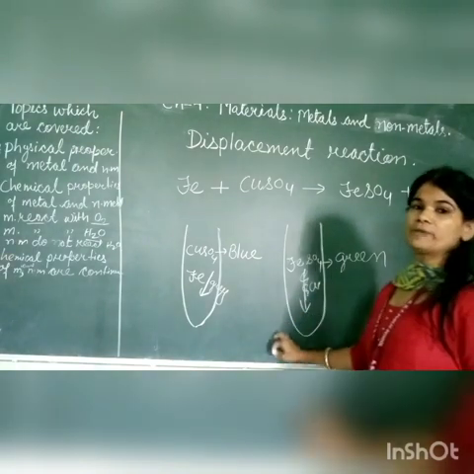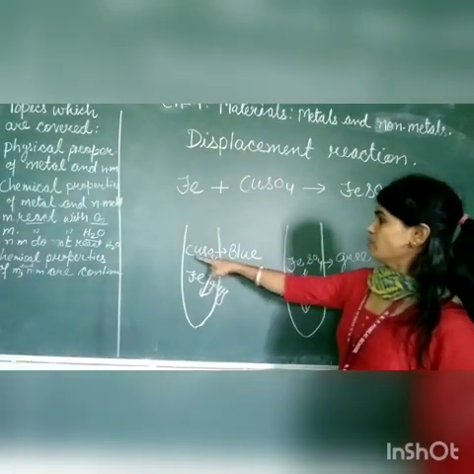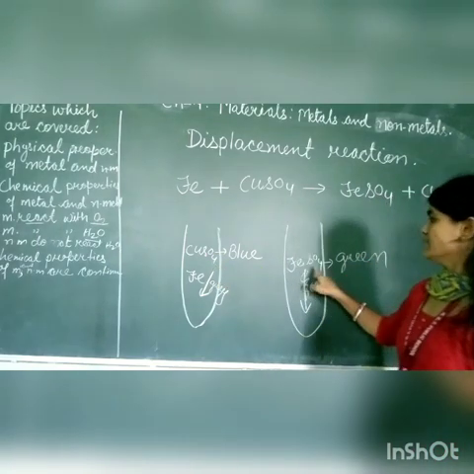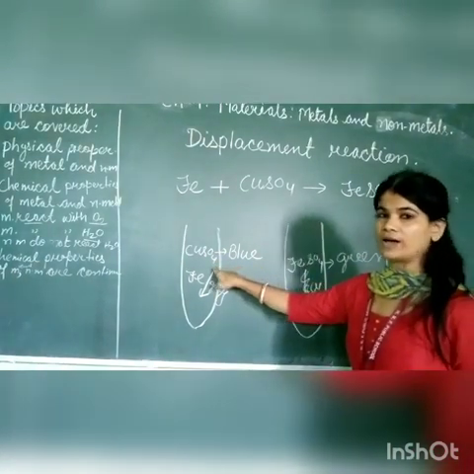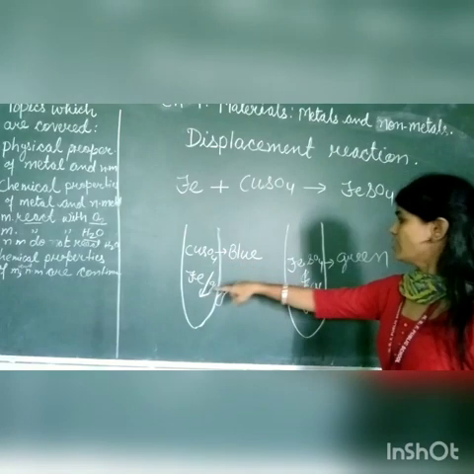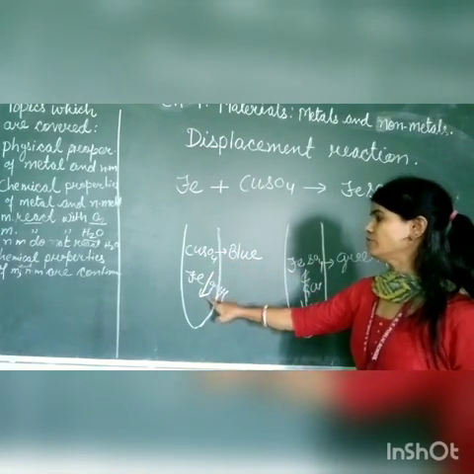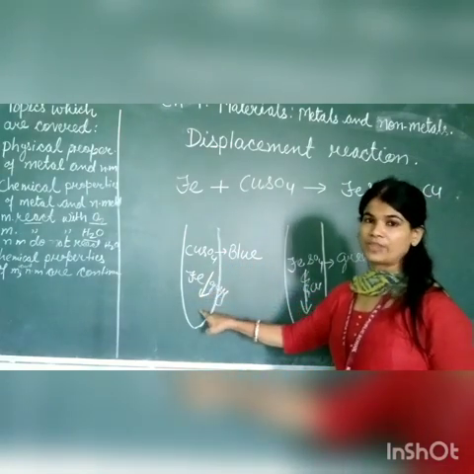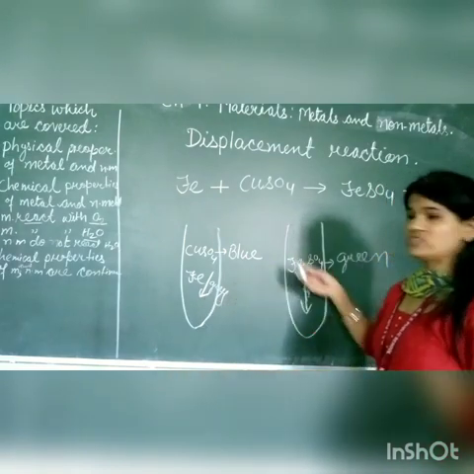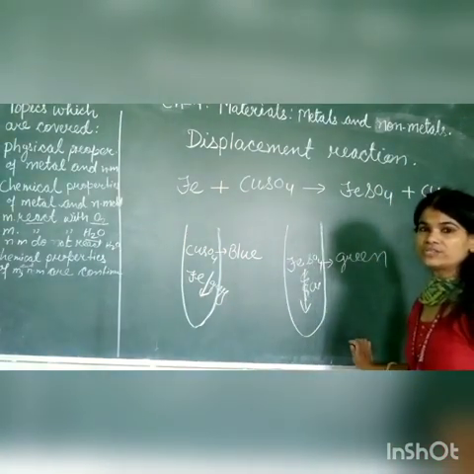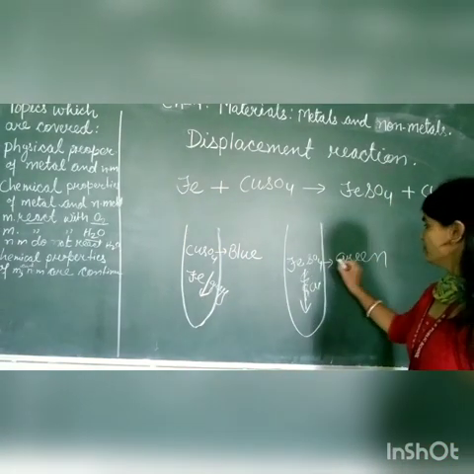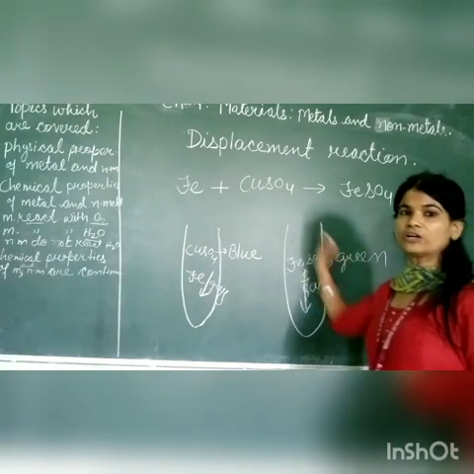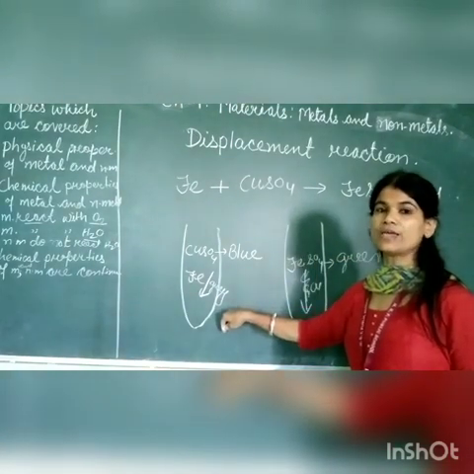Again you can do this experiment. In place of copper sulfate, you will keep iron sulfate, and in place of the iron nail you will keep a copper wire. And you will see if there are any changes. There are no changes. The green color will not convert into blue again. Why?